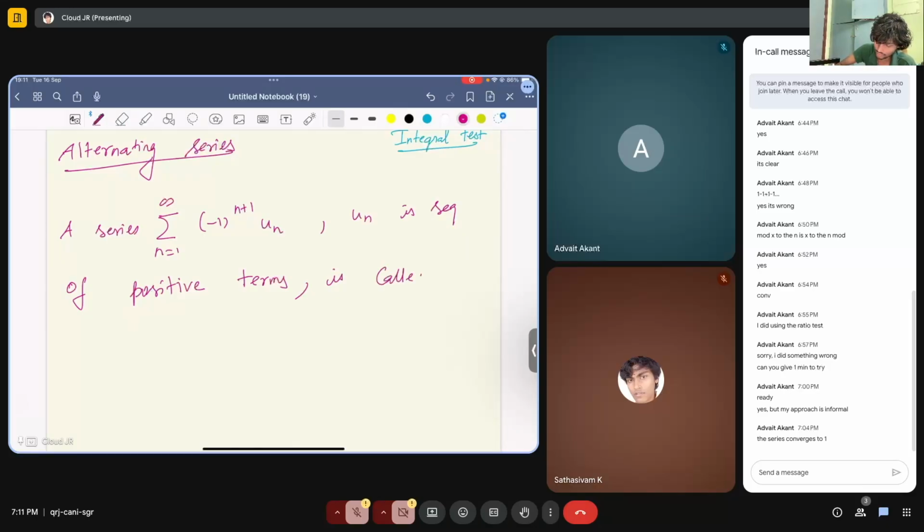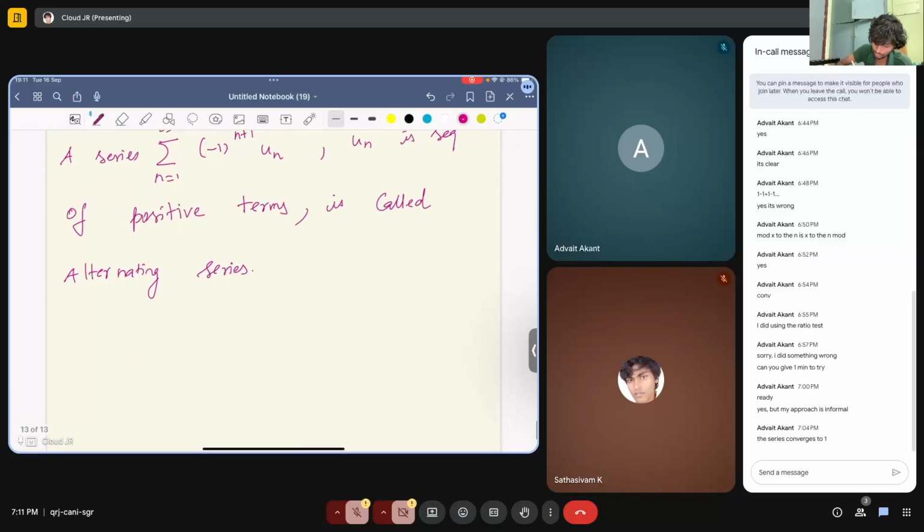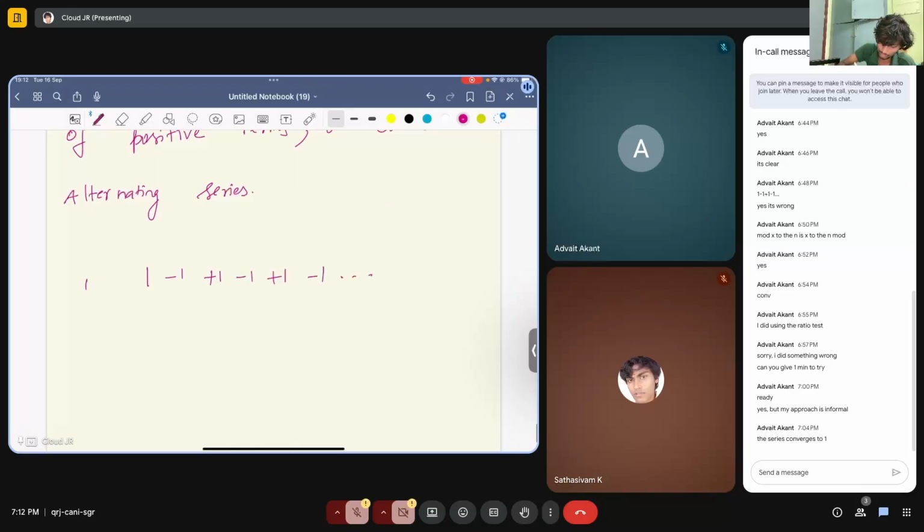If you want an example, one example is plus 1 minus 1, plus 1 minus 1, plus 1 minus 1. Similarly, you can go on. This is, let's say, one example.